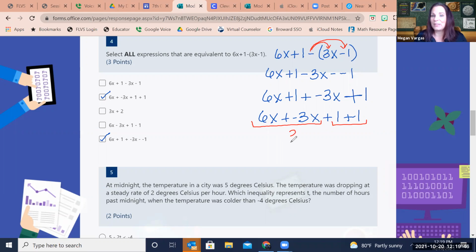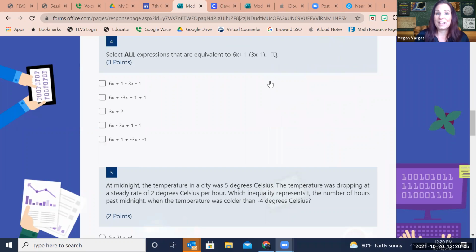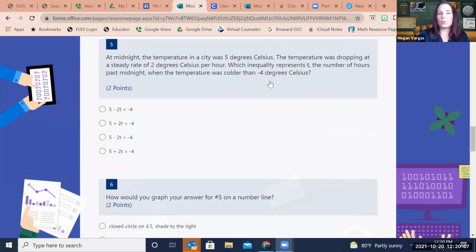This would give me 3x, and this would give me 2. So this is the third expression that means the same thing. There are 3 expressions that should be checked for this one. Right? That is the trickiest question in the whole thing.